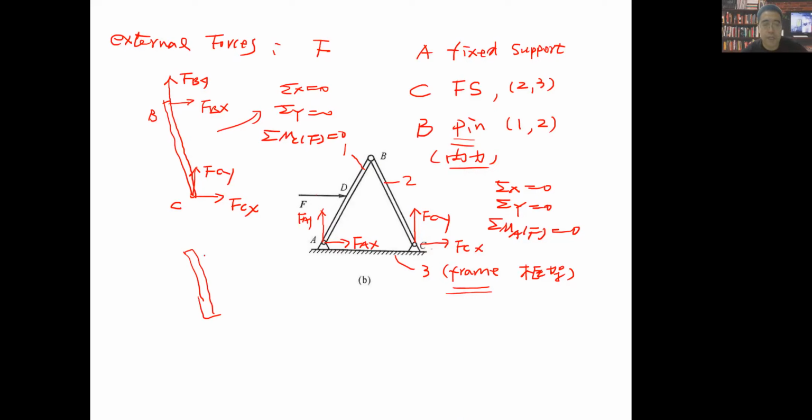It will be pushed at two points, B and C, so it will have FB and FC. So actually both force analyses, these and these, are correct.